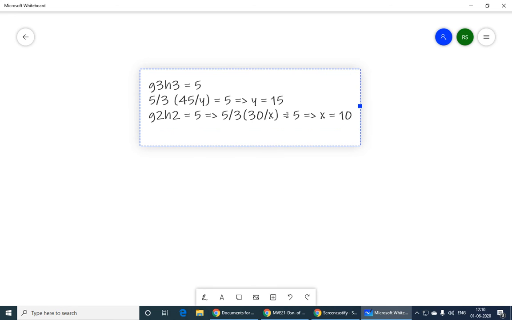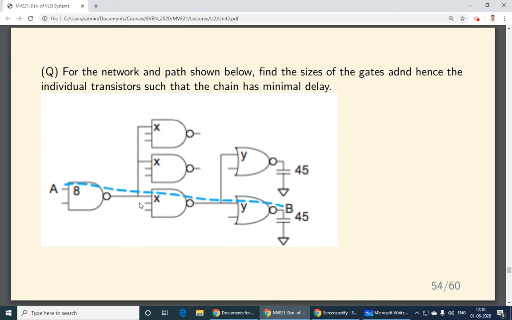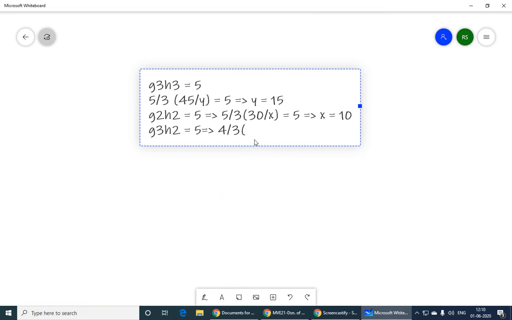Okay, and finally G1H1 equal to 5, which means that first is a 2 input NAND gate, 4 by 3 into, again the same issue, output capacitance for this gate is 3 times X, okay, so that is also 30 divided by, this is a check.